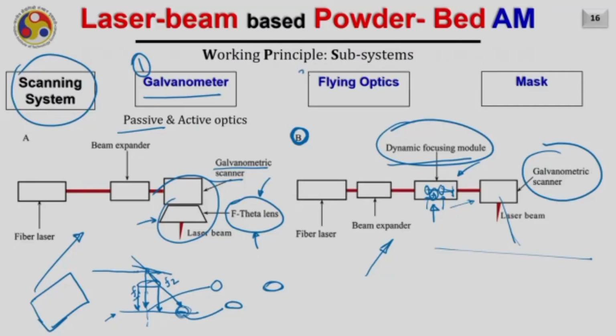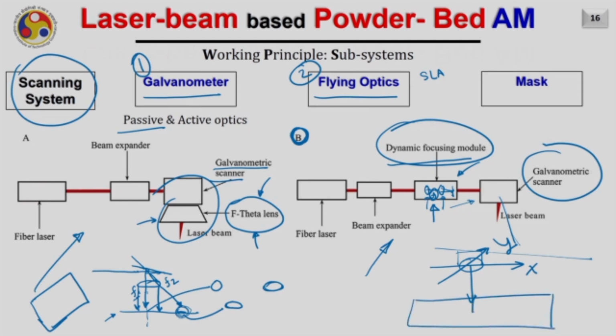The next option is the flying optics. Like we discussed in our module 3 for SLA, here also in the case of flying optics, the entire optics which is projecting the laser beam moves on an XY table. And as the optics moves on the XY table, it is always perpendicular to the bed on which the laser beam is striking.